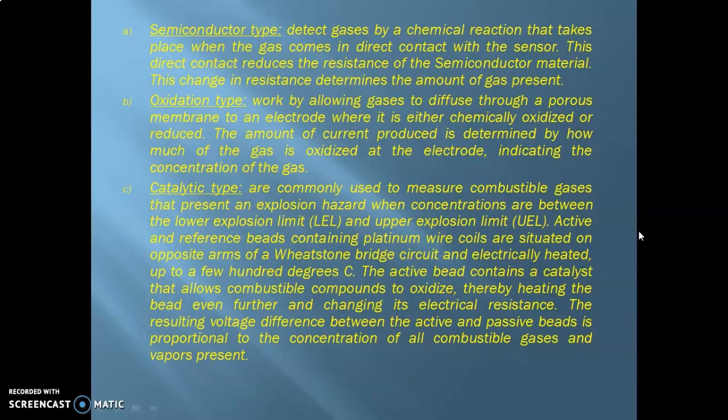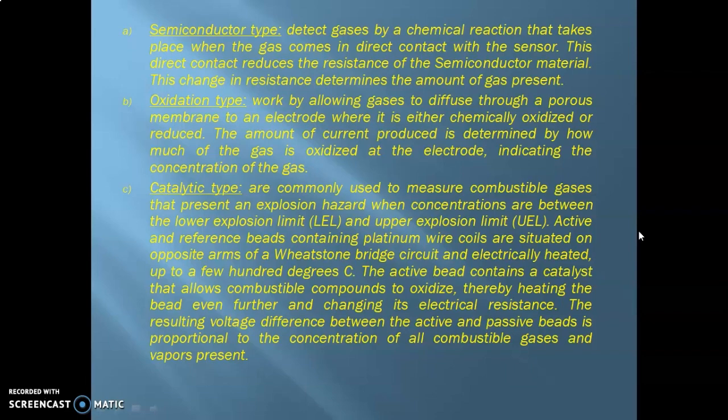Now, these type of gas detectors detect gases by chemical reactions that take place when the gas comes in direct contact with the sensor. This direct contact reduces the resistance of the semiconductor material, that is the sensor semiconductor material, and this change in resistance is what determines the amount of gas that is present.